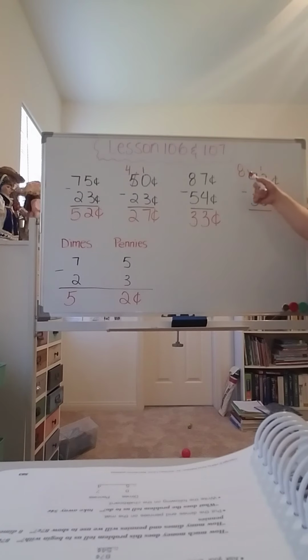So we borrowed a dime to trade for pennies. We borrowed a dime from here to have enough pennies to subtract 6 from. So 12 minus 6 is 6. What is 8 minus 3? 8 dimes minus 3 dimes. 5. So we have 56 cents. Okay?